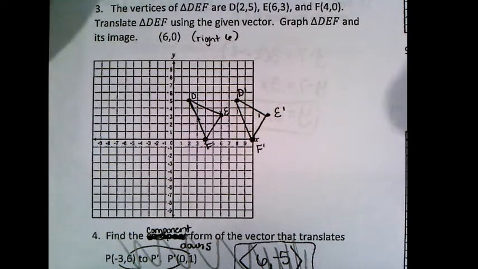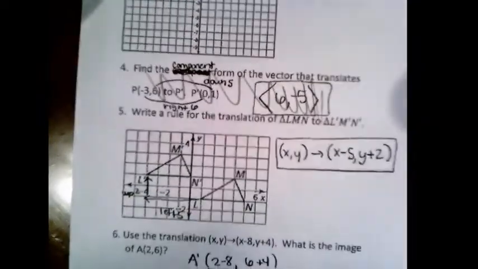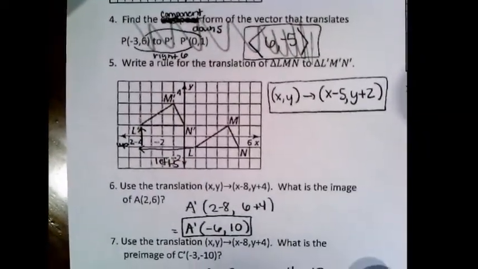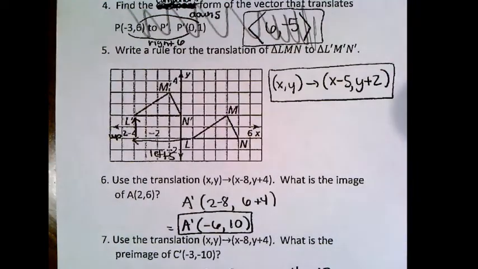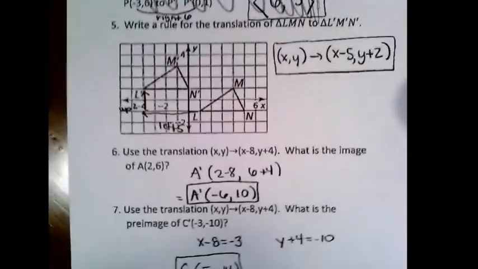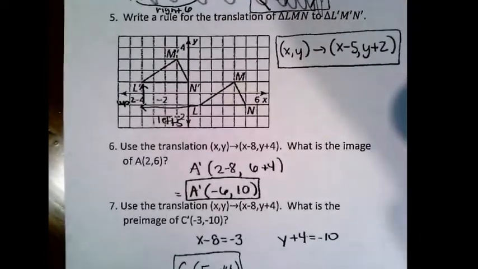Number 5, I don't think we did that one. Actually, I can just check. Yeah, we did number 5. We did not do number 6. But there's the answers for 5 and 6 and 7.